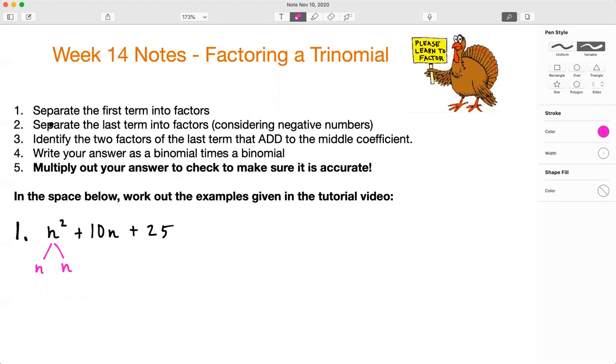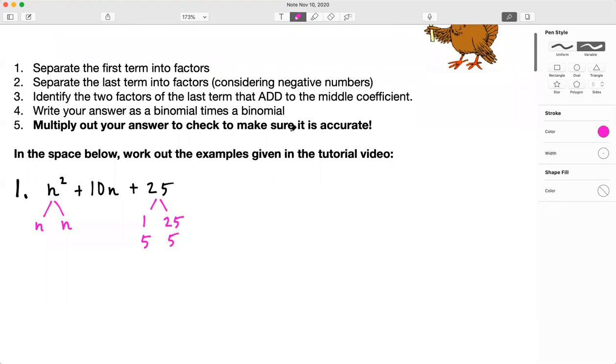Step 2, we'll separate the last term into factors, considering negative numbers this time. That's very important. 25. Well, we have 1 and 25. And we also have 5 and 5. We've done this before, but now we're going to consider negative numbers too.